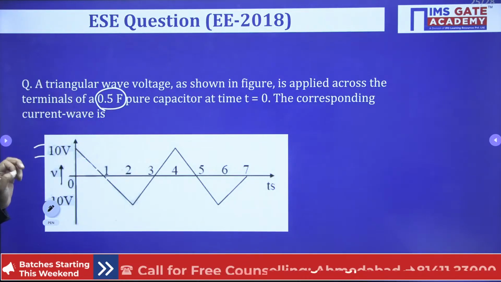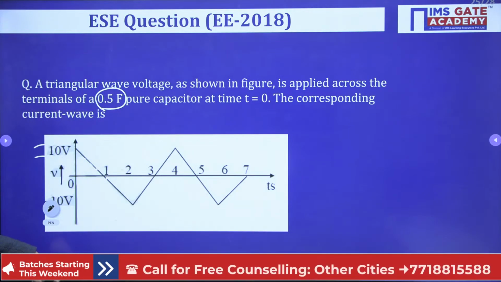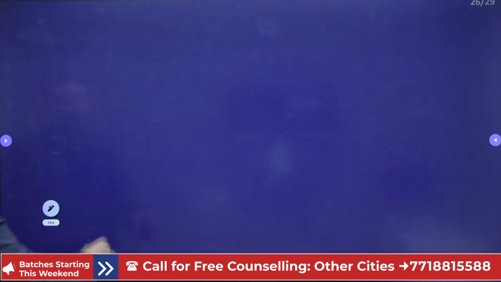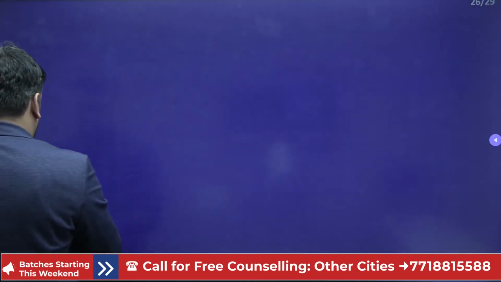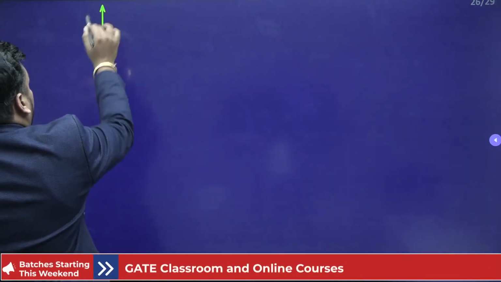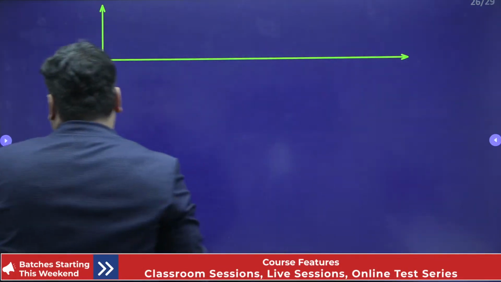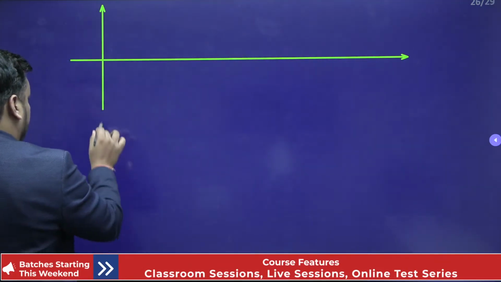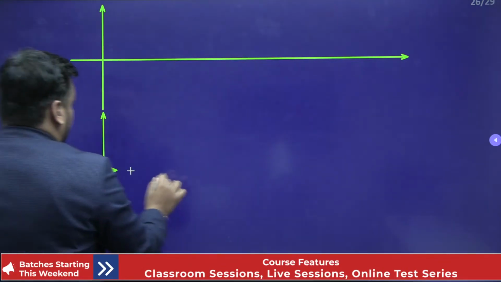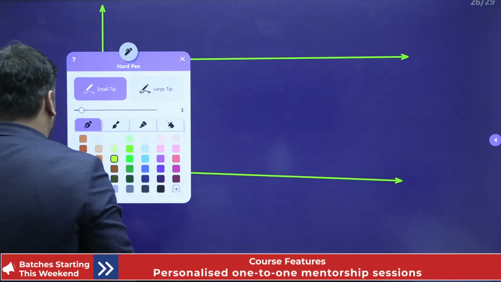So okay, I will make this waveform in the next slide. So this here is my waveform, and after that we will check the options, because I am explaining by a conventional approach.